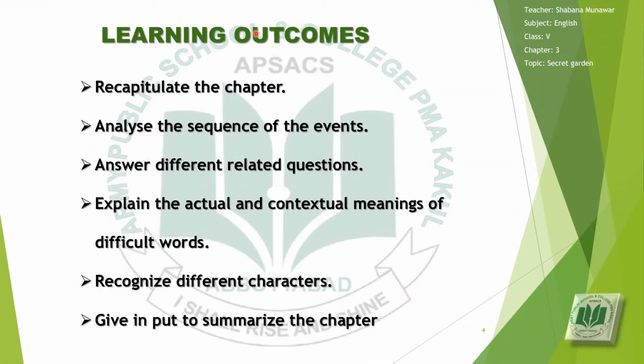Dear students, at the end of today's session of literature, we will be trying hard to be in a position to recapitulate the chapter, analyze the sequence of the events, answer different related questions, explain the actual and contextual meanings of difficult words, recognize different characters, and give input to summarize the chapter.